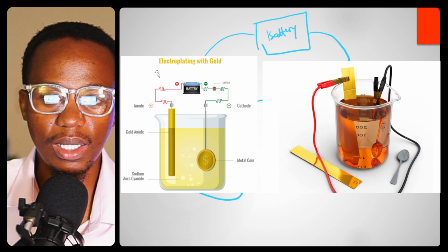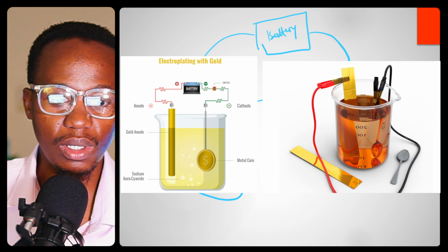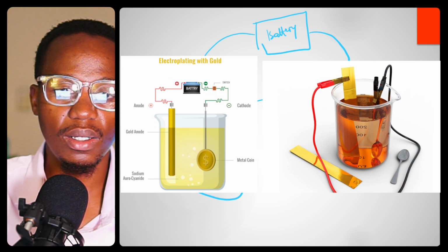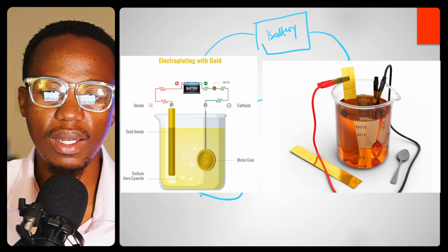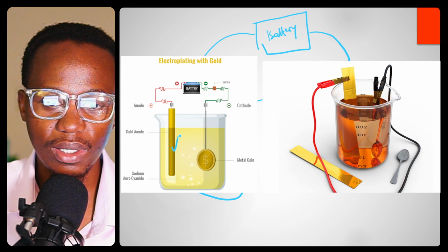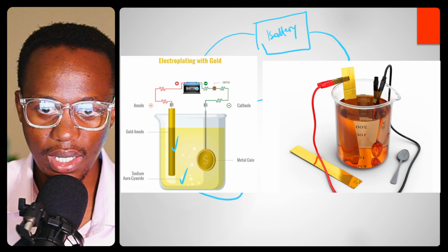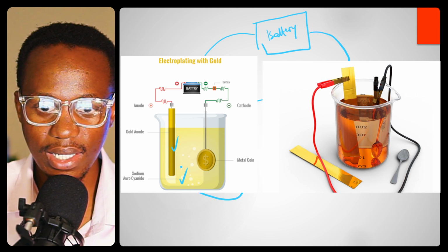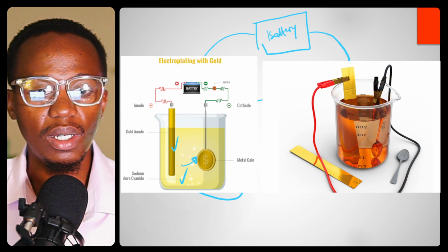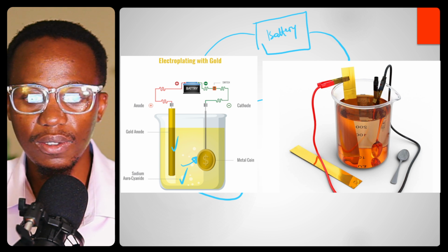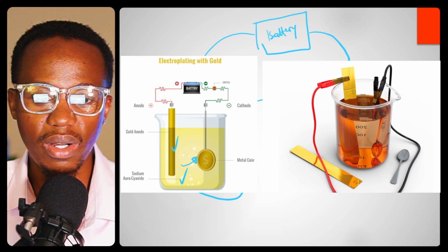On this side you have a gold anode and a gold solution, and then you run a battery, and that will drive the gold to be plated like that. It's really cool, but it is still electrolysis. So that is what this question is referring to.